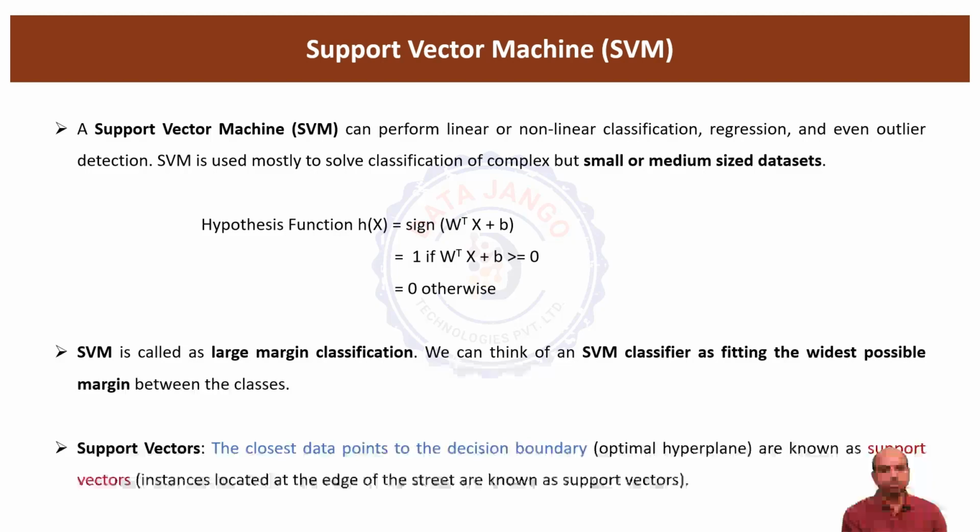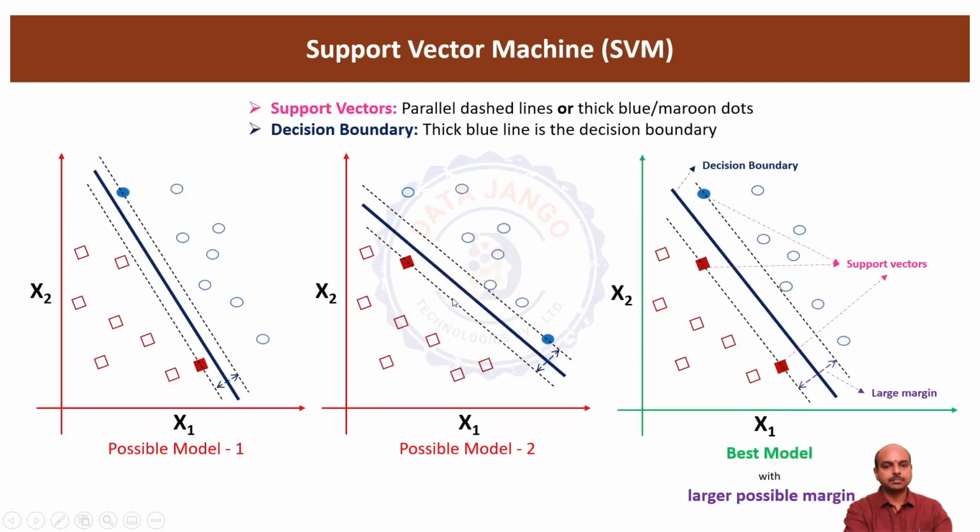In a moment, we will see some pictorial representation. See, the closest data points to the decision boundary are known as support vectors. So, what that means, we will see in the next slide. So, if you see this, there are red circles and red squares and blue circles.